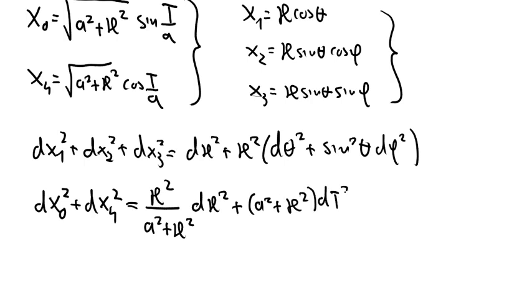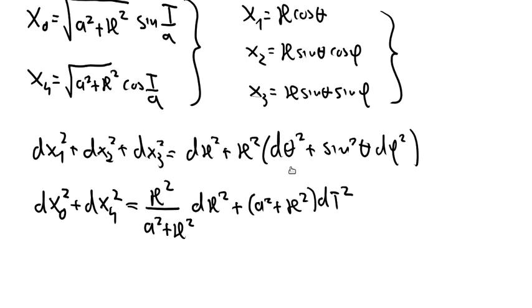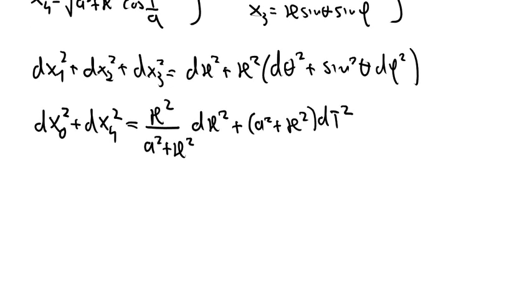Okay, so that's what we have, and then we only need to put the two pieces together and obtain the four-dimensional metric. It's just adding these two terms, and after some elementary algebra, you get this.